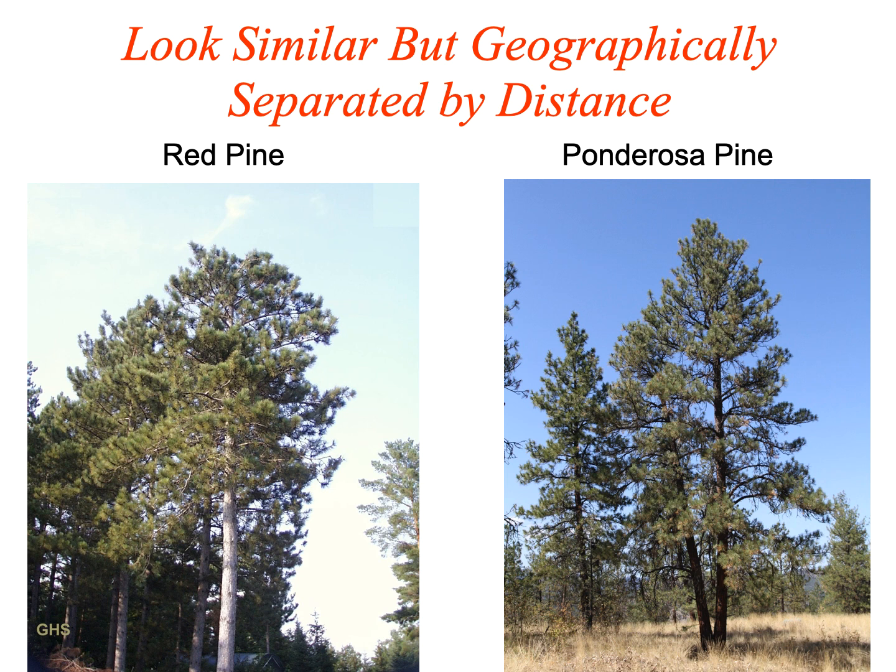Here are 2 species that are separated by great distances. The ponderosa pine, which is common in British Columbia, and the red pine, which is common in southern Manitoba and Ontario.